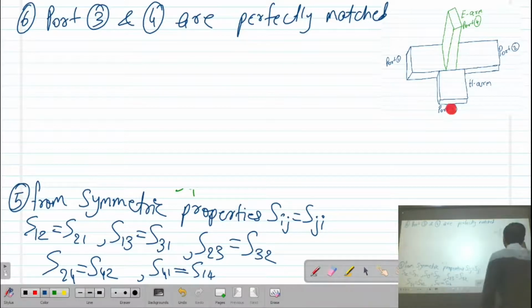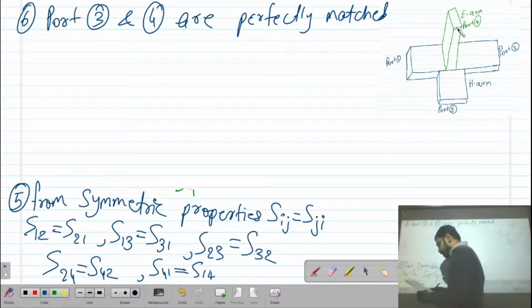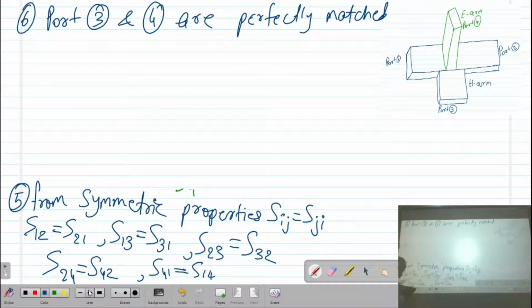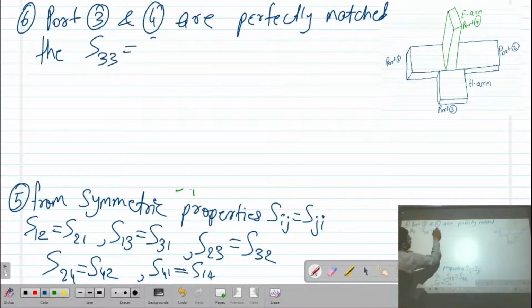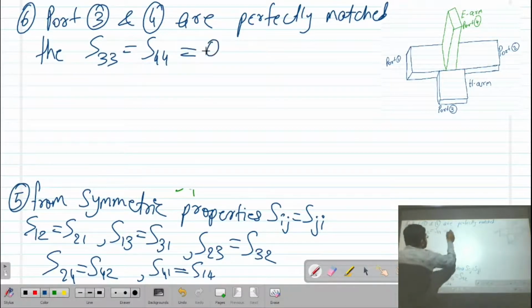Means they do not have any reflection. They do not have any reflection over here, and here also it will not have any kind of reflection. If it is not having any reflection, then S3 of 3 is equal to S4 of 4, which is equal to 0.